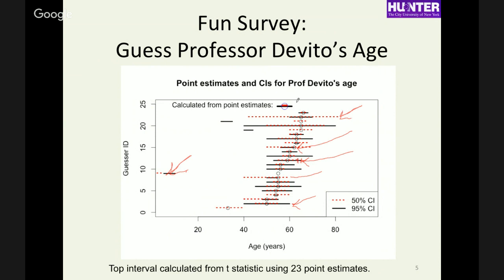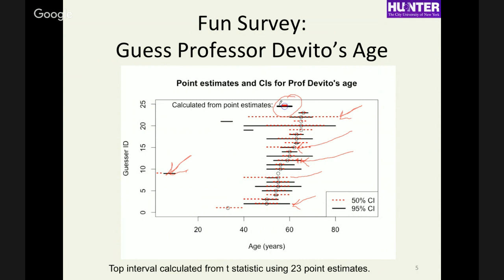So I did a little bit of extra analysis that you'll see right up here. I just took the point estimates and took the average, that's this circle, and calculated the 50% confidence interval and the 95% confidence interval using methods from last week's class.